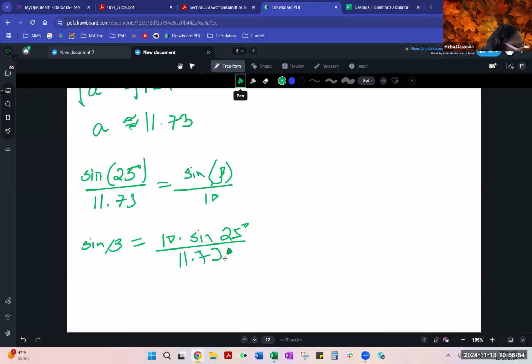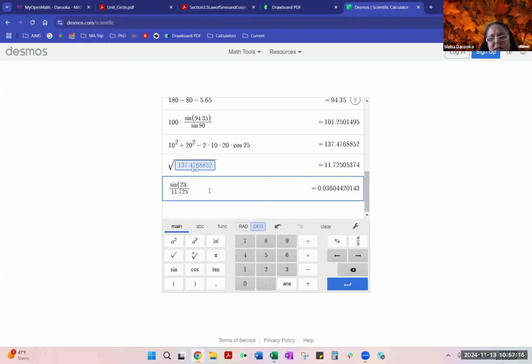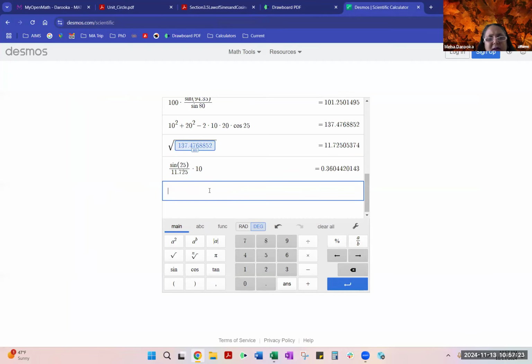Yeah, that looks right. I don't think that should make a difference. Yeah, see? Okay.